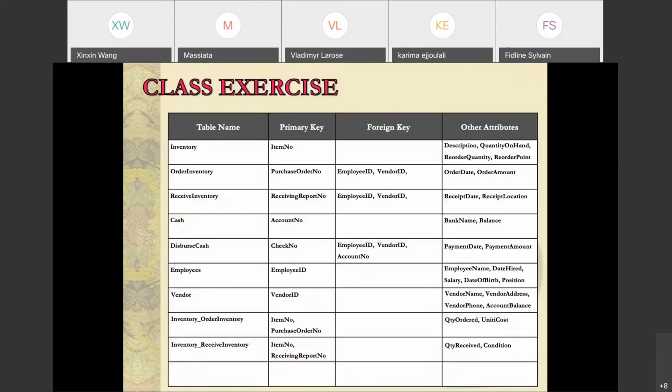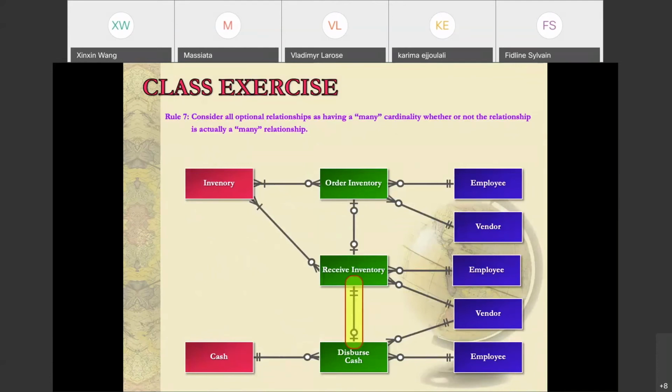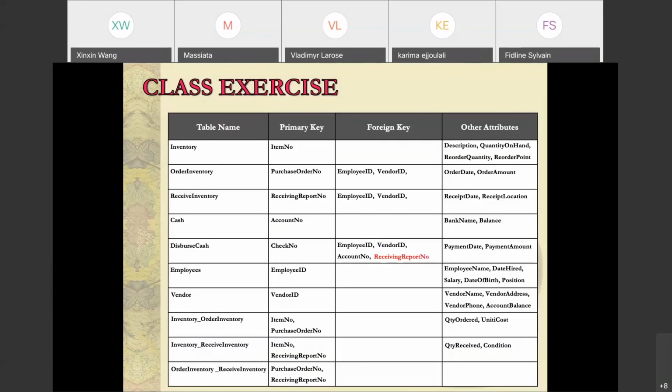So because of this, after we do all the many-to-many, we deal with this one-to-many and one-to-one as one-to-many, and then we add the receiving report number as the foreign key. So this actually is a very important part of the test, right?